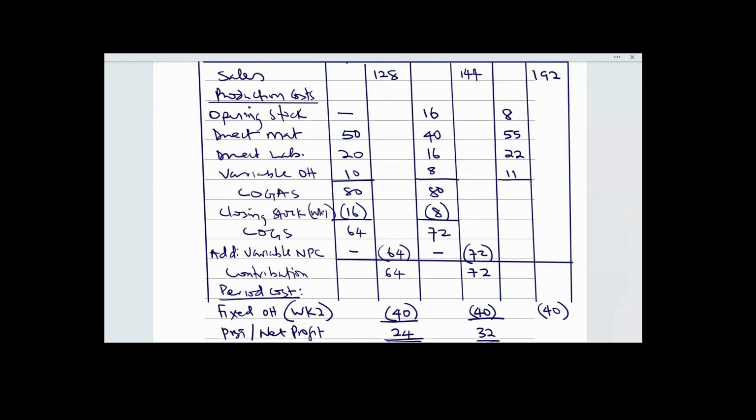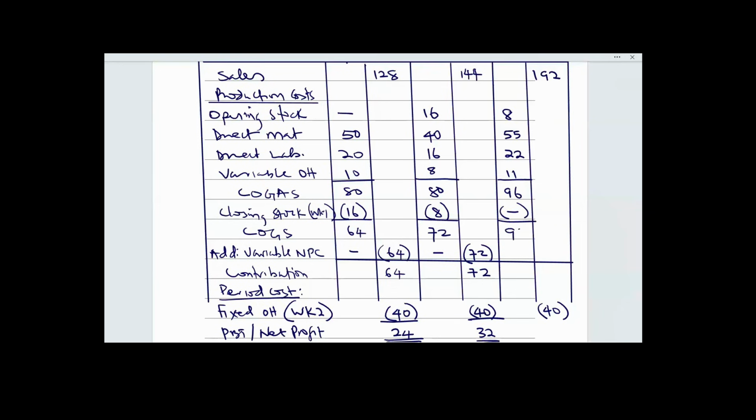Add everything together, what do you get? 96,000. Closing stock in the third period, we don't have closing stock, so you put a dash.